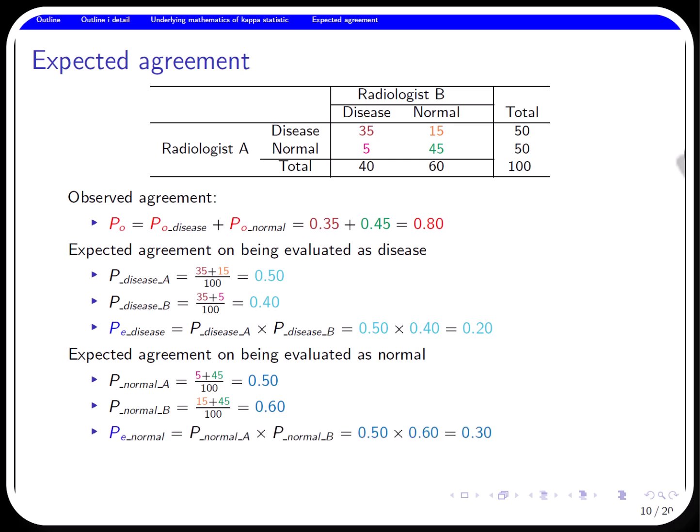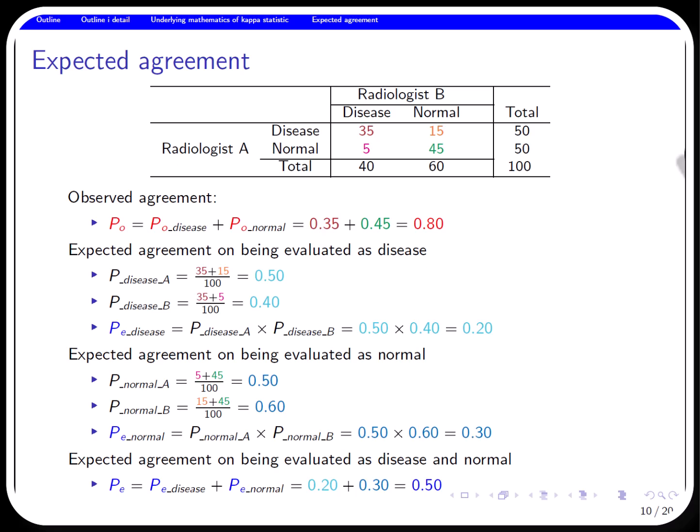If two radiologists independently evaluate the same images, expected agreement on being evaluated as normal equals 0.5 times 0.6 equals 0.3. Expected agreement on being evaluated as disease and normal equals 0.2 plus 0.3 equals 0.5.